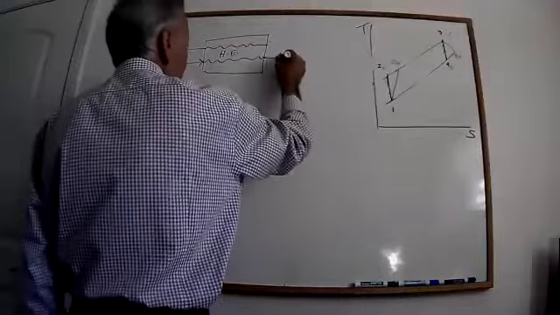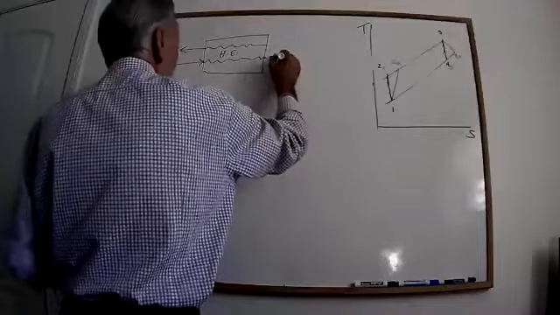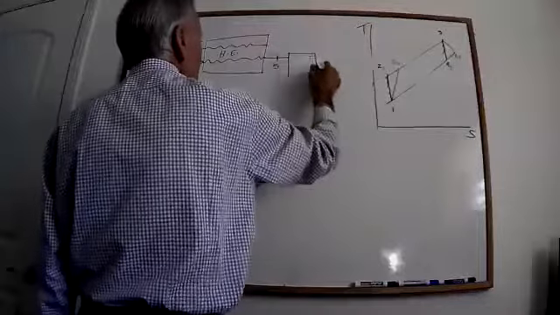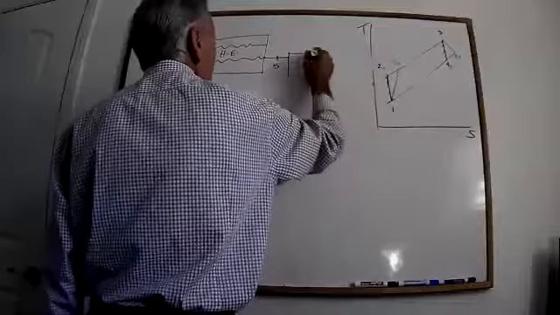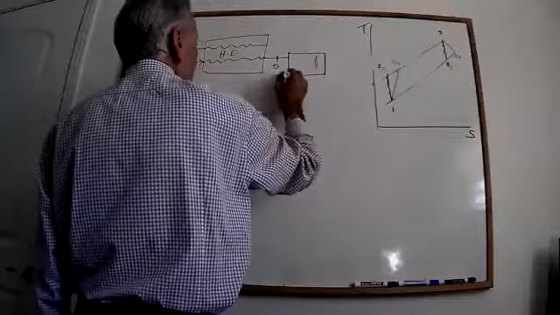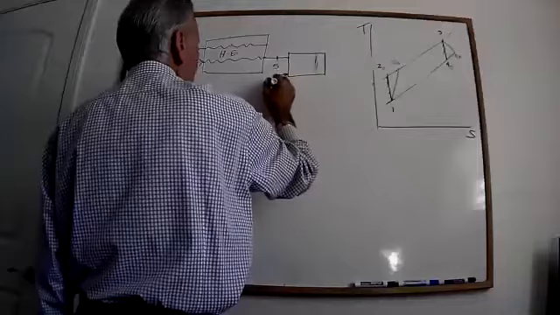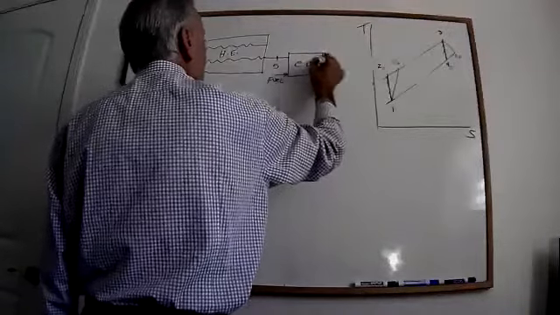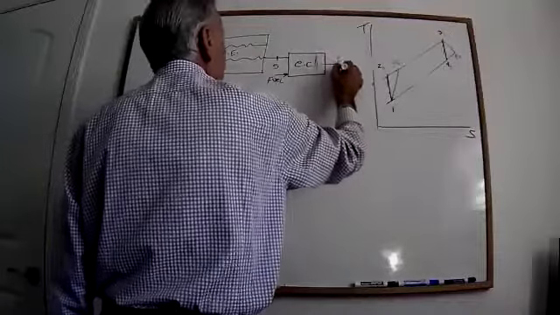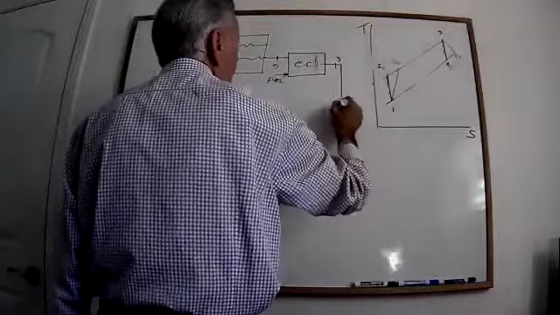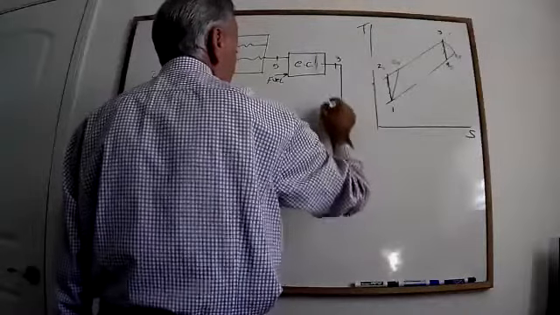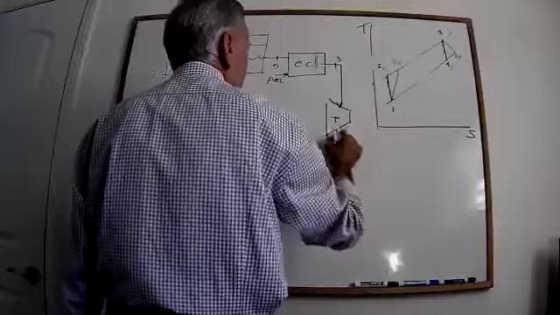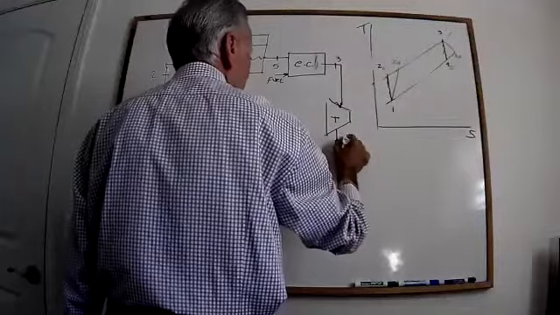So here I call that point 5, and I go to the combustion chamber, add fuel, come out at point 3, go into a turbine, and come out at point 4.